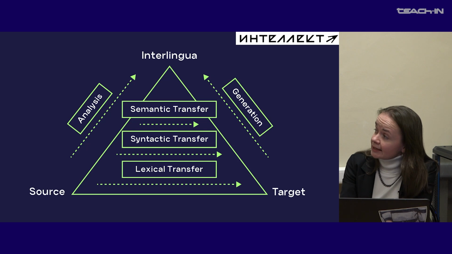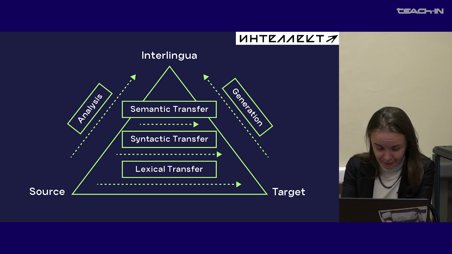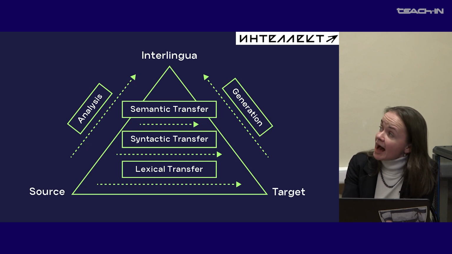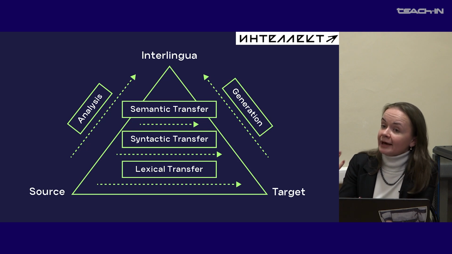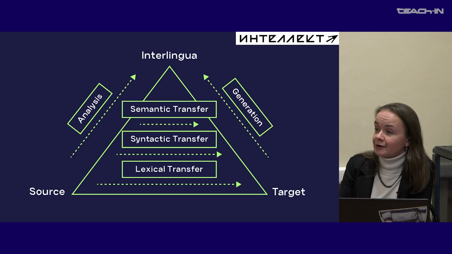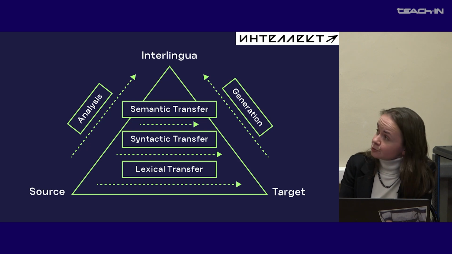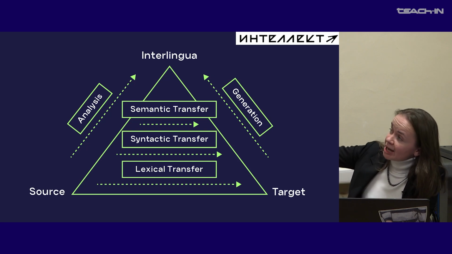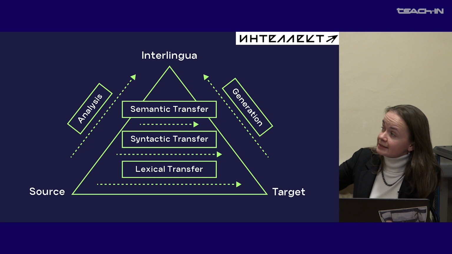The idea is that the machine always gets the input in the source language, and then first it needs to compare it to the concepts, the ideas behind the words in the transfer language, some kind of context-free language from the formal groups of languages described by Noam Chomsky. Then afterwards, the machine needs to generate, not just translate word by word, but generate the new text in the target language.